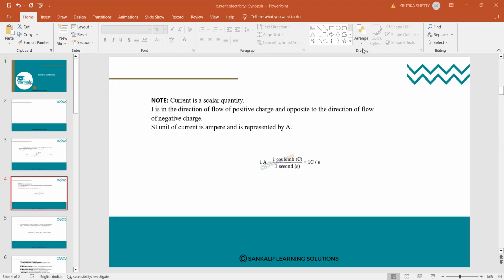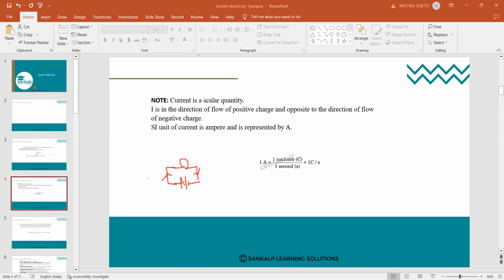So here you know that the electric current always flows from the positive terminal of the battery. So for example, if you consider a simple circuit, so this is a battery, battery positive terminal, battery negative terminal, here the current always flows from the positive terminal of the battery to the negative terminal of the battery.